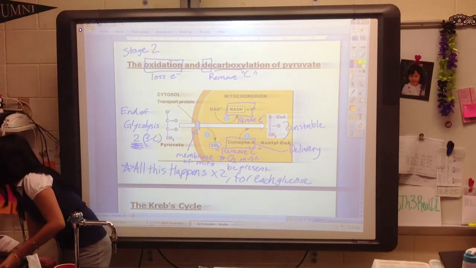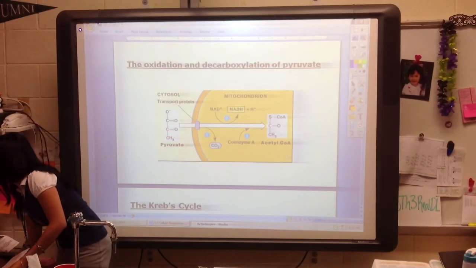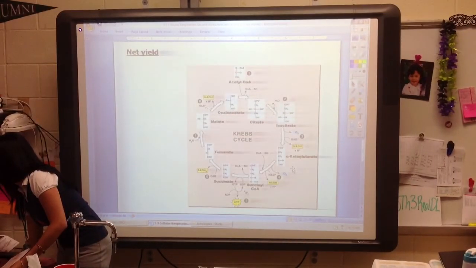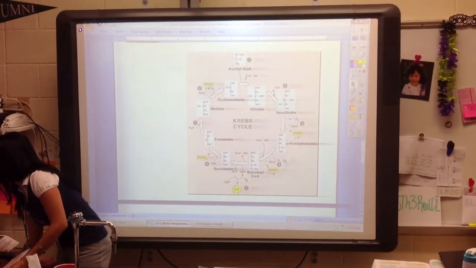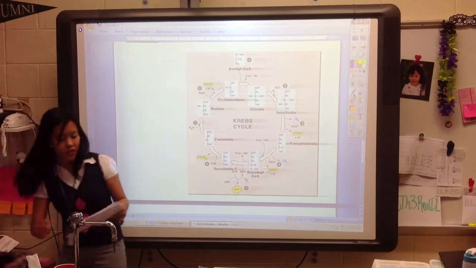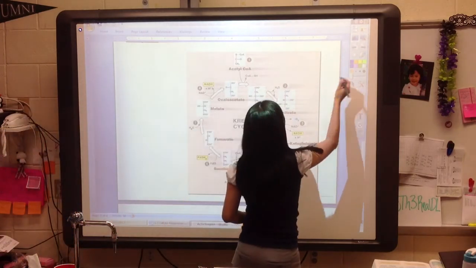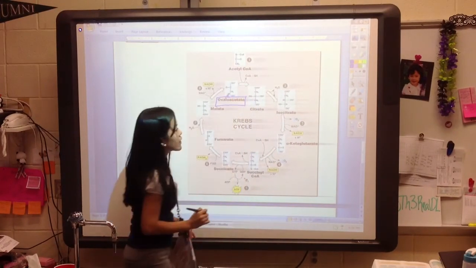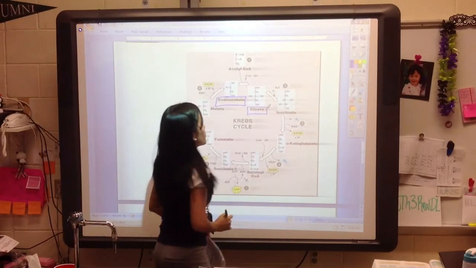So then we want to look very quickly at the Krebs cycle. I want to give you a little overview of what's happening with the Krebs cycle. We will talk about all these other steps at the top, but I do want to give us a little intro into the picture that's here. Really important things that we'll need to talk about is this oxaloacetate molecule and this citrate molecule.